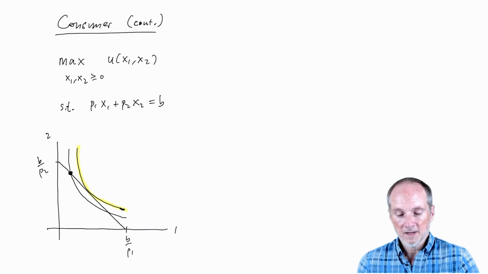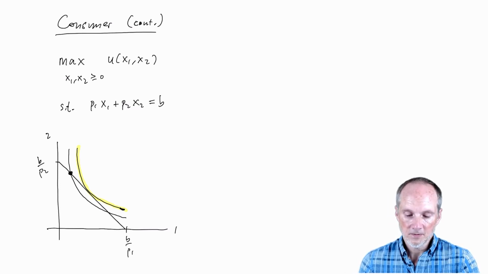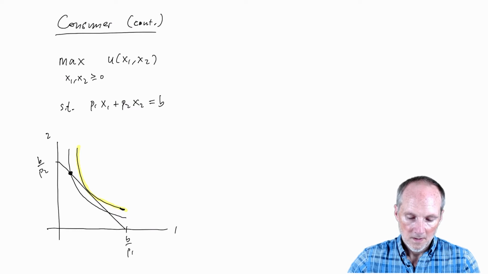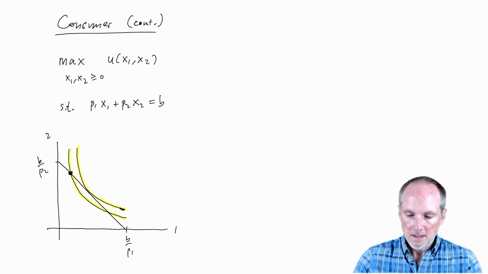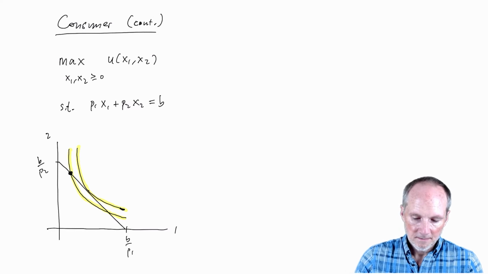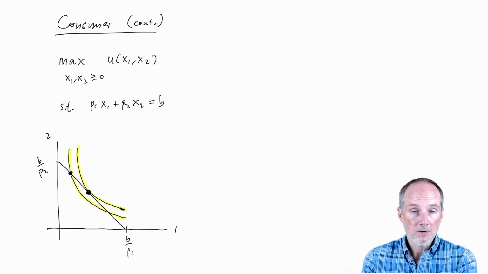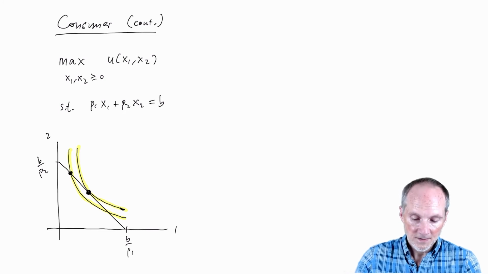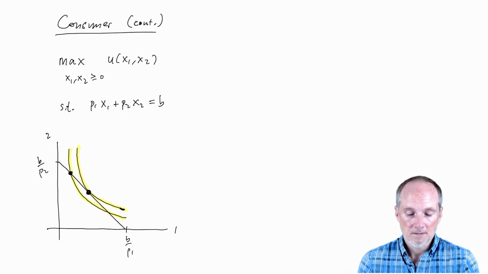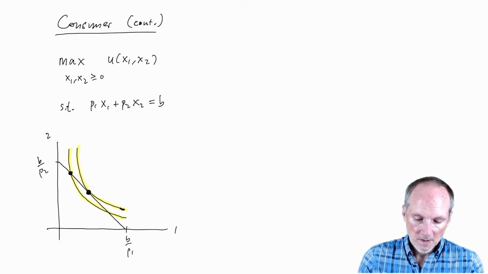In terms of that utility hill, it's a higher altitude than this one. Okay, but notice that this bundle here, it's on that higher indifference curve, so it's preferred to the first one, has a higher utility, and it's also affordable. It's in the budget set. So this first bundle is not optimal.